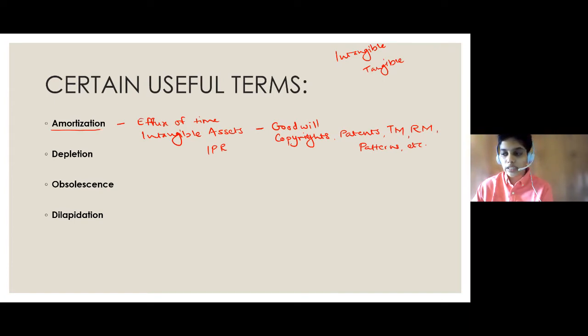Now, along with intangible assets, there is one more asset where we charge amortization, and that asset is called leasehold property. So you will see this in the nature of leasehold land or in the nature of leasehold buildings. Leasehold meaning we don't own that particular place, but we have the right to use that place for a certain number of years.